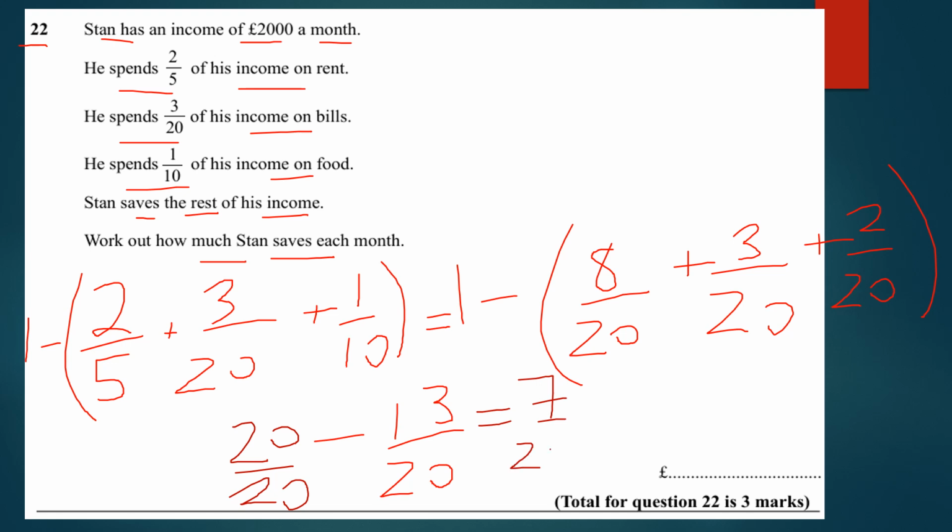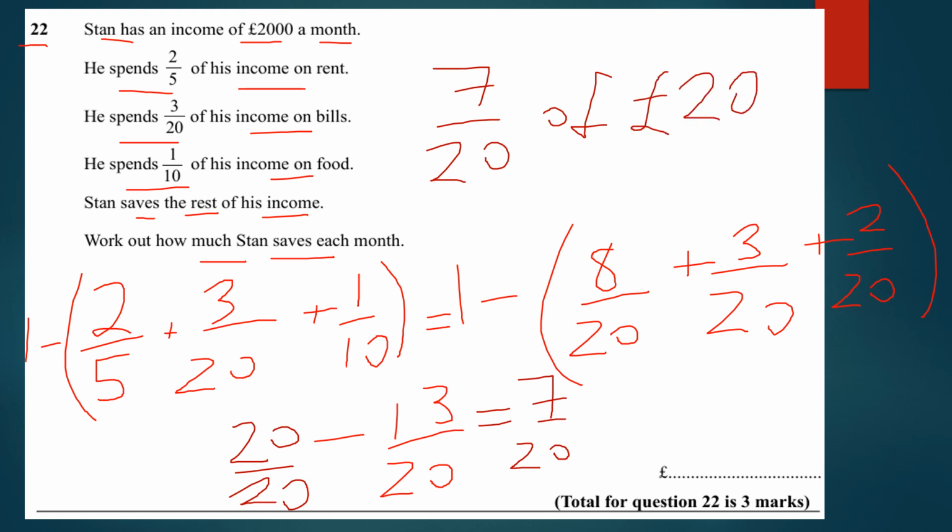So our job is to work out 7/20 of £2,000. We're going to divide by the bottom and then times it by the top. That's how we work out a fraction of an amount, a fraction of a given quantity. So divide by the denominator and then times by the numerator.